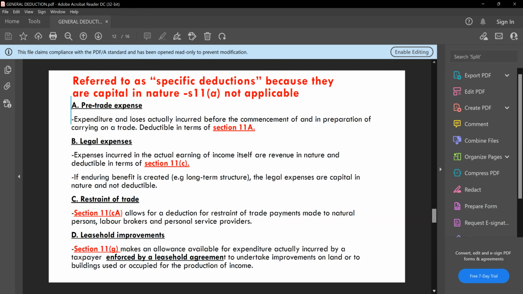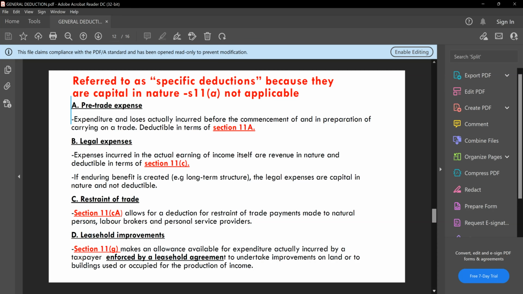So therefore, they are deductible in terms of Section 11A as soon as trade commences. So if you have incurred these expenses in the month of May and you only start trading in August, that's when you get to deduct them.